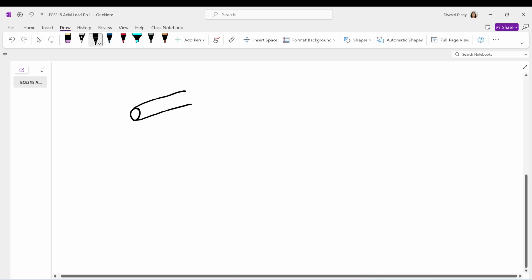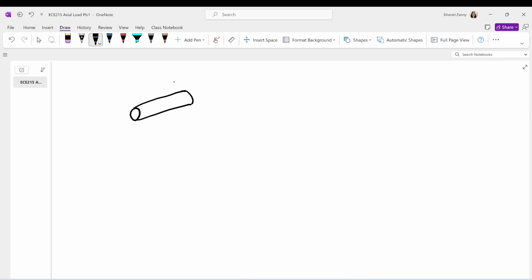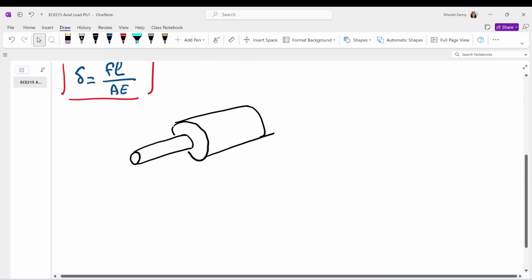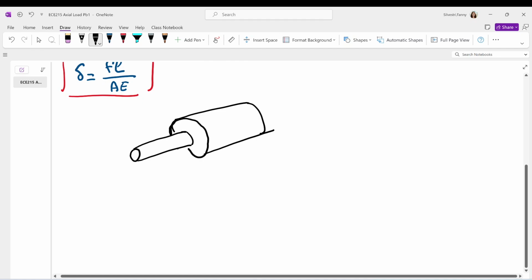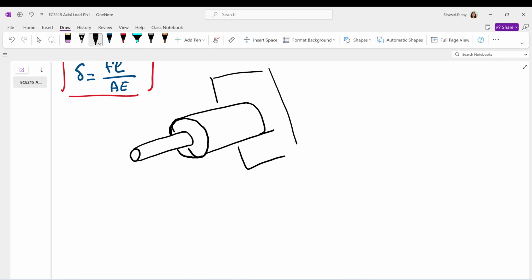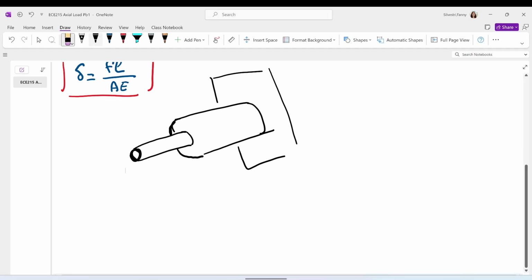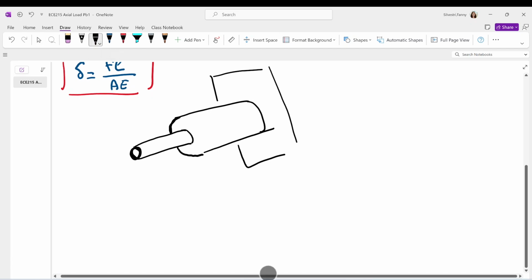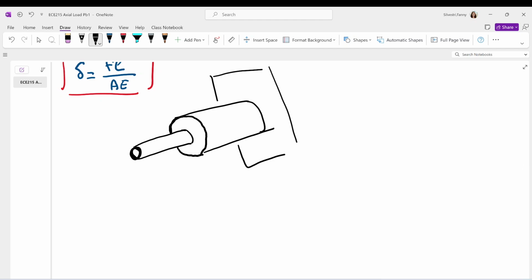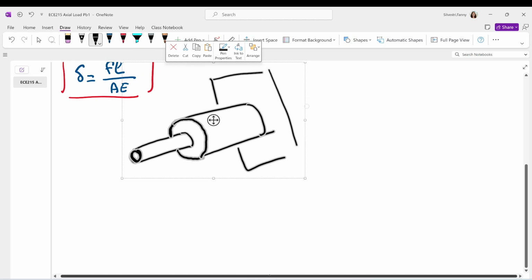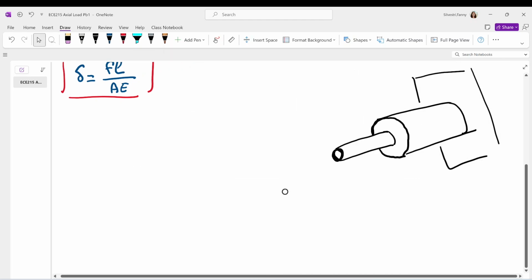We have a rod attached to a wall. This is made of the same material. So what do we know?